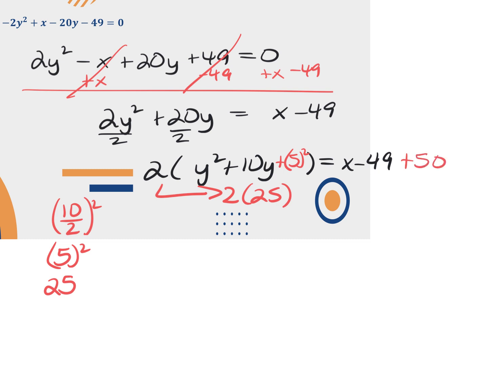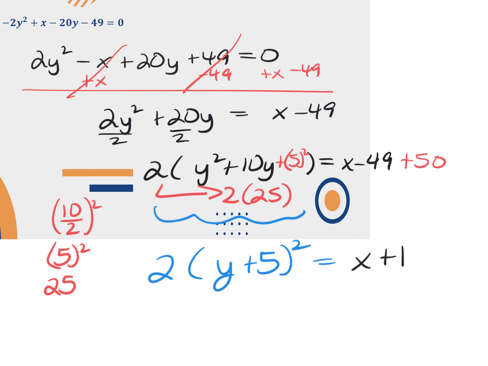Whoa. So now I need to factor this. It factors into y plus 5 squared with the GCF, the 2, in the front. And then I'm going to add negative 49 plus 50, and I get 1. So this becomes x plus 1.